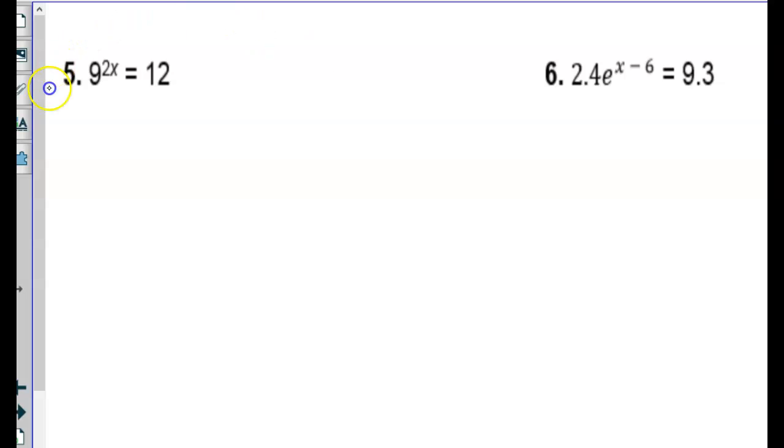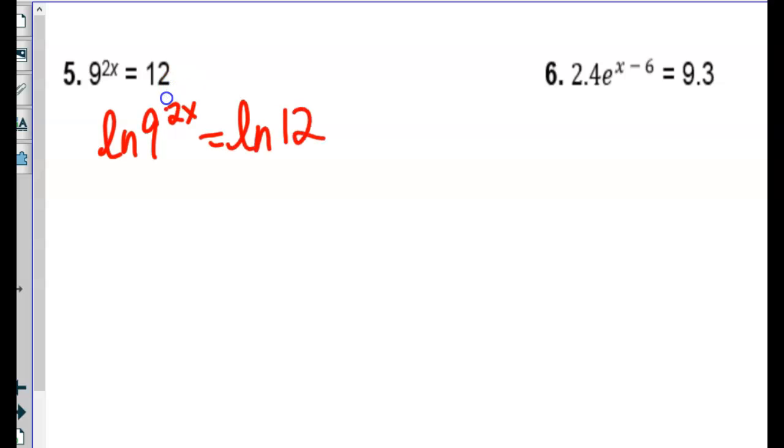What about number 5? Can I make 9 and 12 both powers of the same thing? Nope. So what could I do? Yeah, I'm going to have to take the log of both sides. If I'm lazy and do ln, because it's less writing, this guy comes out front.